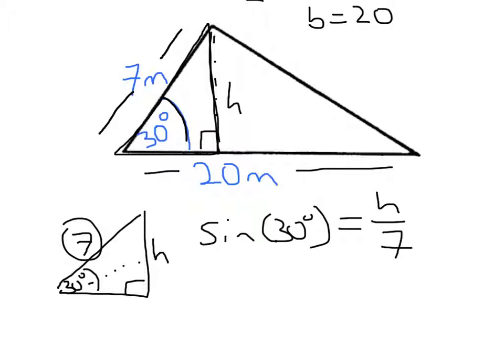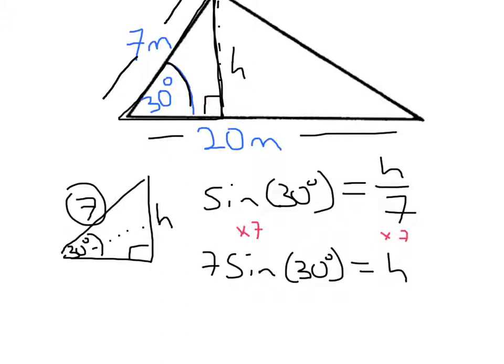And so all we need to do to find the height is just to rearrange the equation by multiplying both sides by 7. So we'll get 7 sine 30 degrees equals the height. And since sine 30 is 0.5, we have 7 times 0.5, or half of 7, is 3.5 meters.